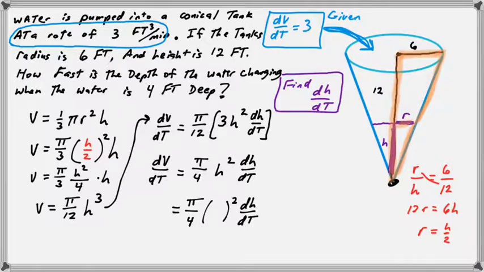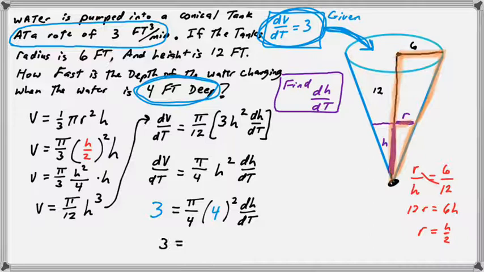So I'm going to leave dH/dt in the equation because that's what I'm trying to find. Do they give me dV/dt initially in the problem up here? dV/dt is 3. At the instant, it's how deep? 4. And I can only plug in that instantaneous value after I've taken the derivative.